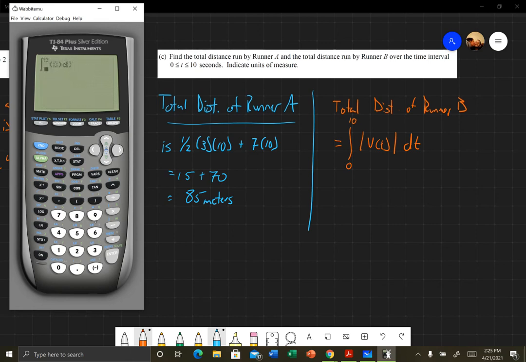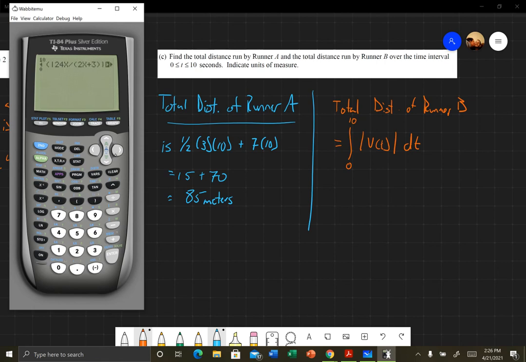So if I go math 9, that pulls up my integration calculator. I'm going to go from 0 to 10. And now I want to punch in the value of this. For the absolute value, we go to math, scroll over one to number. That first one right there is absolute value. So the absolute value of 24x divided by 2x plus 3.